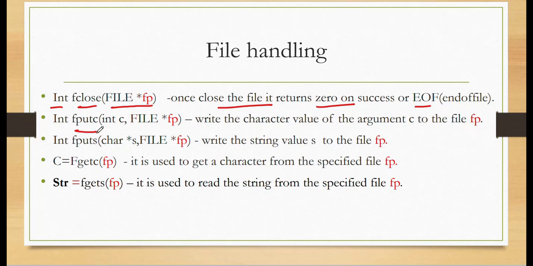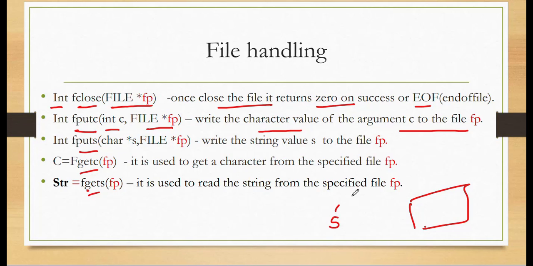And fputc, we have already seen: put character. The syntax is fputc(int c, FILE *fp). In whatever file is opened, it writes the character value of argument c to the file. So this is the file, and this is the character, yes.